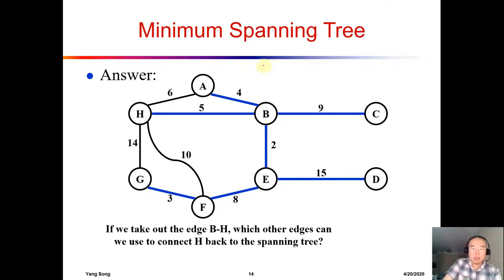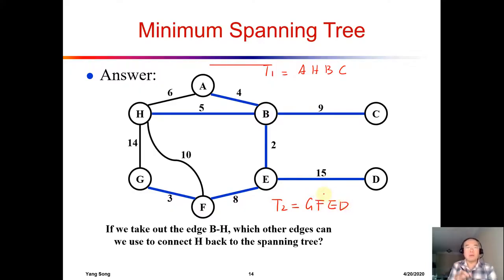Okay, we use tree 1 as A, H, B, and C, and then we also have a tree 2 that is G, F, E, and D. So we are dividing this MST into two smaller trees, T1 and T2, and from T1 to T2 there is a cost of 2 from B and E, and from H and G there is a cost of 14, and from H to F there is a cost of 10.